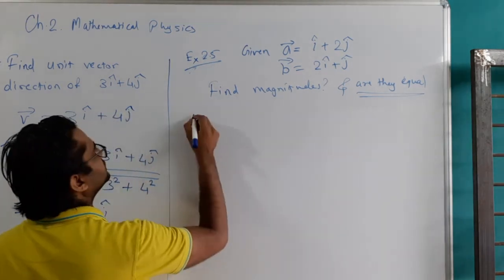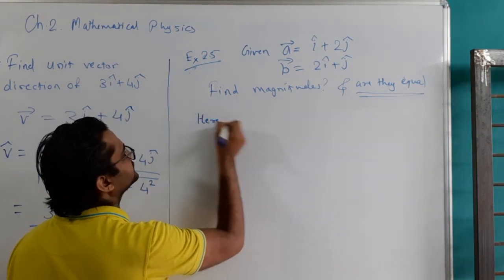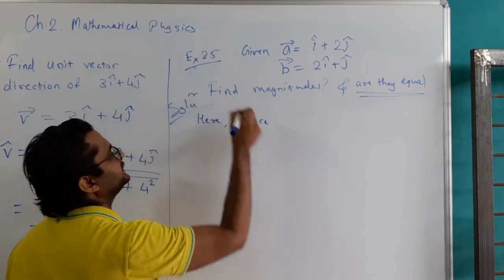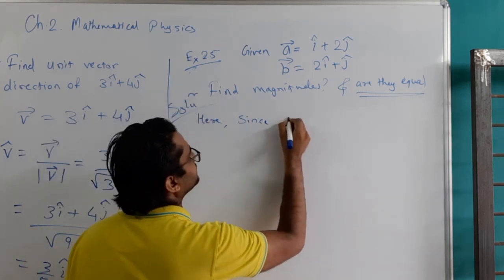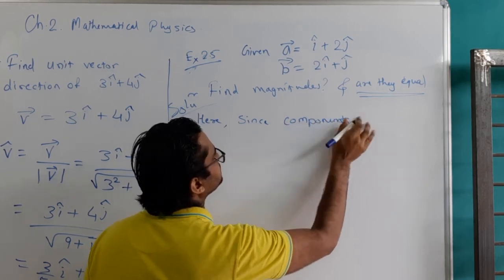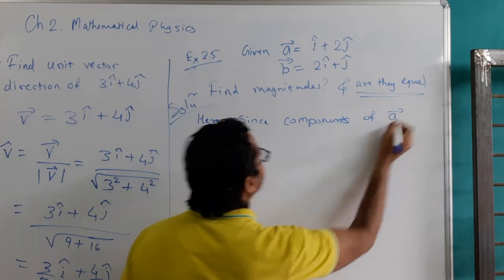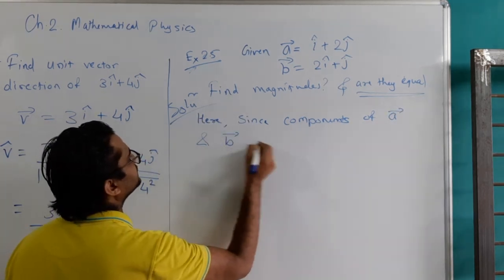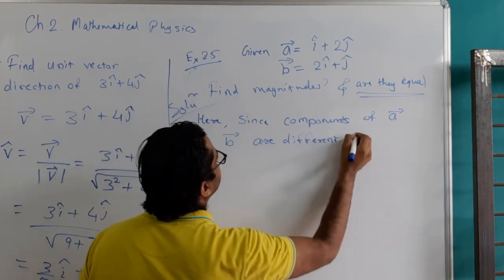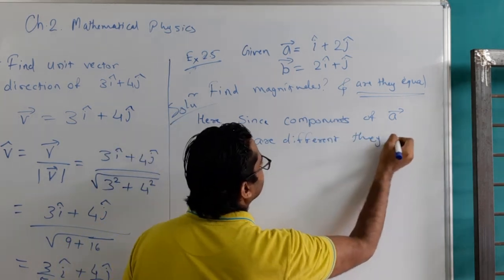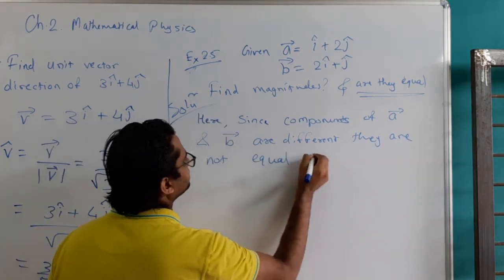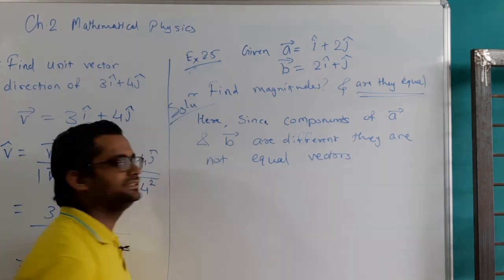So we write the solution here: since the components of a bar and b bar are different, they are not equal vectors.